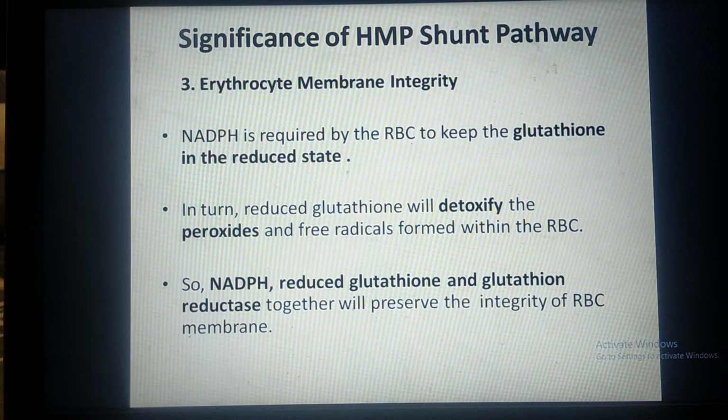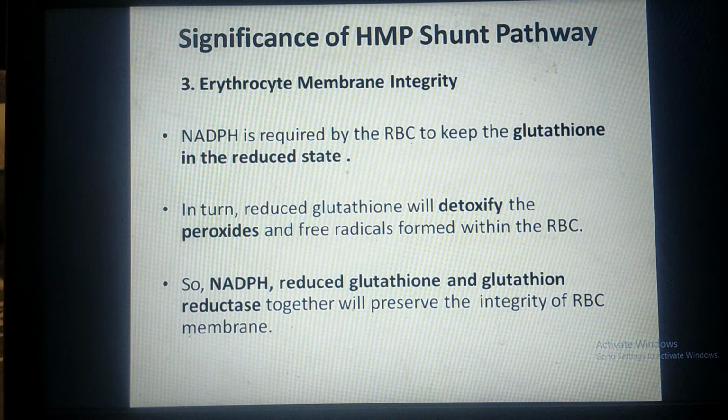NADPH also helps to maintain the RBC membrane integrity, simply because in the RBCs the concentration of hydrogen peroxide is higher. That means formation of hydrogen peroxide is more as compared to other cells. If this hydrogen peroxide accumulates, it may damage the cell membrane and lead to breakdown of RBC, that is, hemolysis.